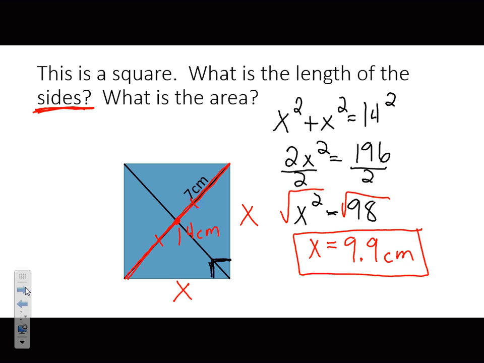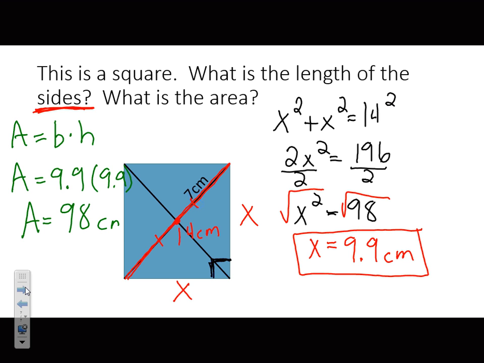Now, to find area of the square, area equals base times height. So my base and height are both going to be the same because all the sides are equal to each other. So area equals 9.9 times 9.9. The area of this square is going to be 98 centimeters because we're rounding to the nearest tenth. So centimeters, and then we can't forget squared.